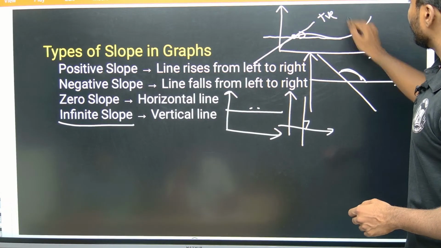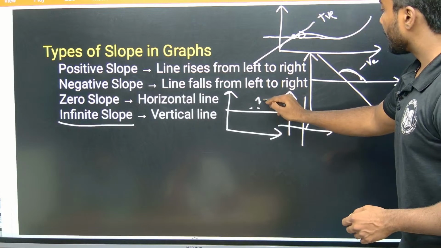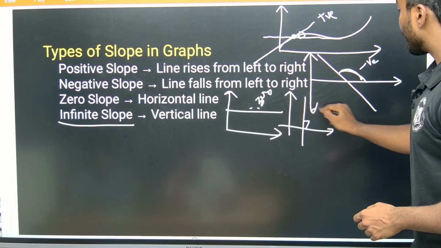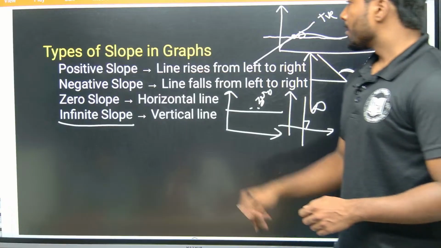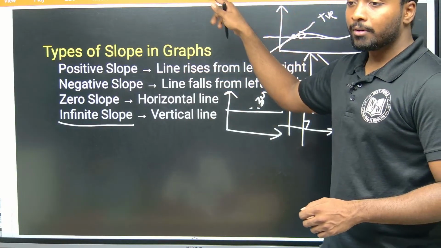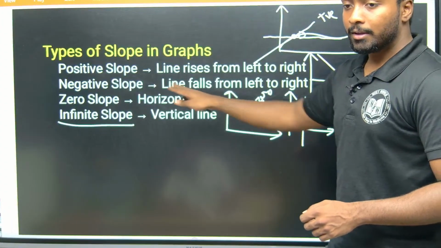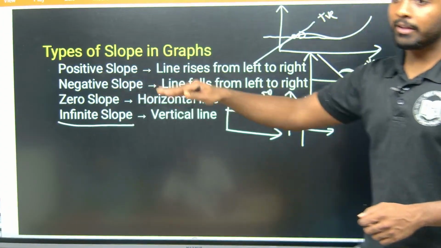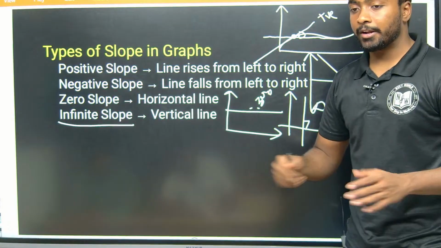So positive, negative, 0, and infinity. A line rises, it is positive, falls, negative, exactly parallel means 0, vertical means infinity.